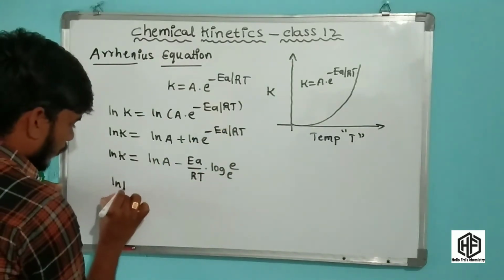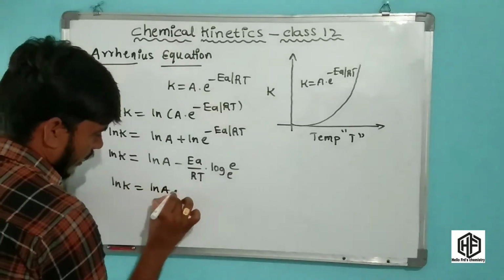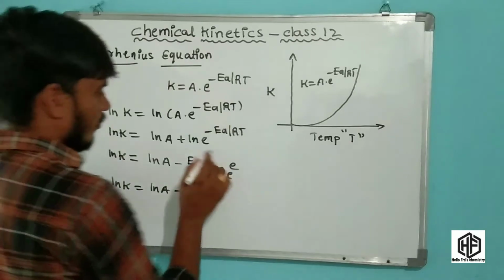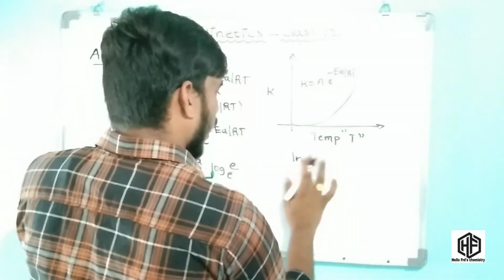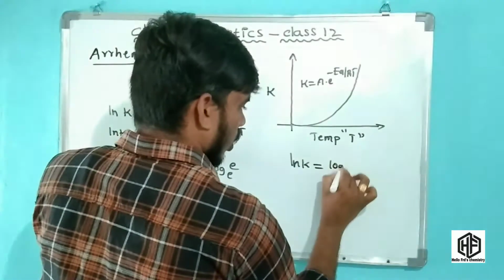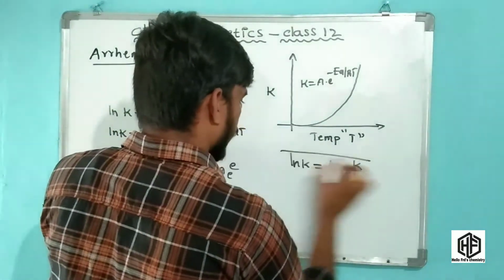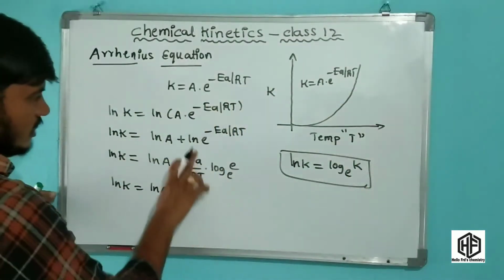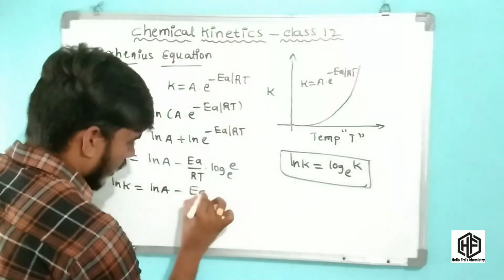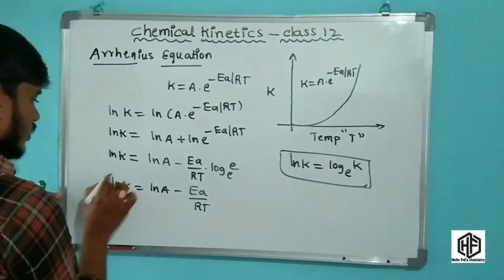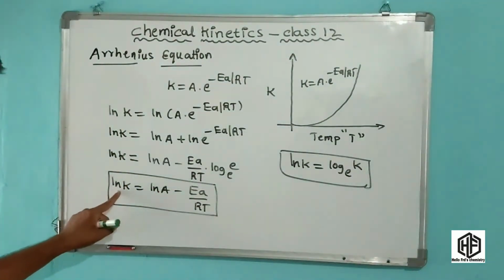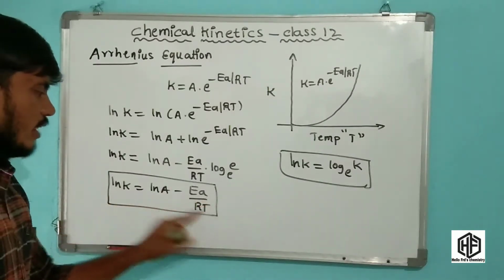So ln k is equal to ln A minus Ea by RT. Okay, friends, this is the Arrhenius equation in terms of ln: ln k is equal to ln A minus Ea by RT.